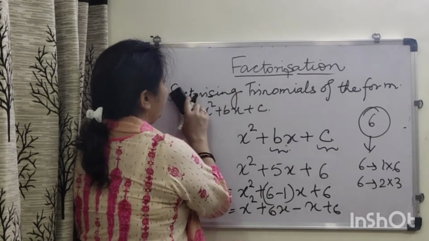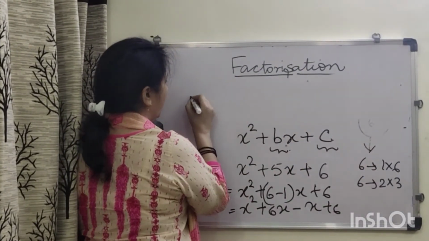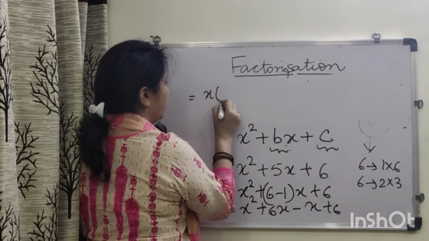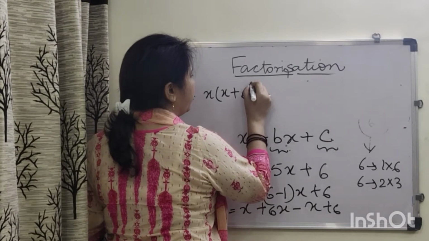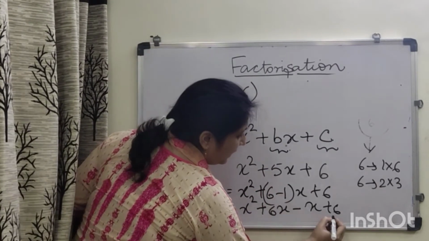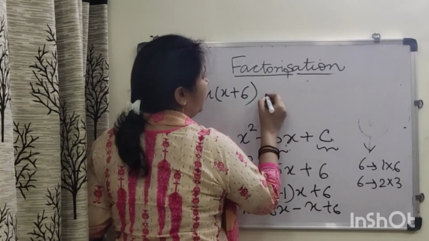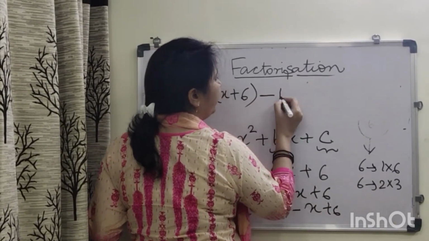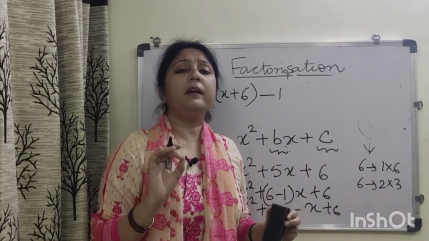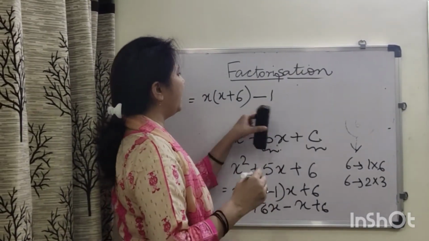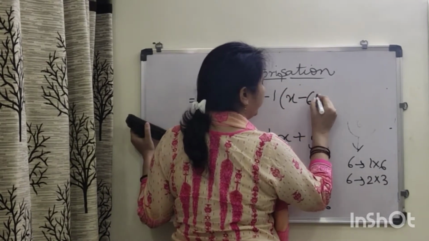And now you take common. If you take common from first two terms, you can take x as common. So you will get x plus 6. But from the next two terms, as you cannot see anything in common, you will take minus, and along with minus you will take 1. Children, when you take this minus 1 common, you will get here x minus 6.